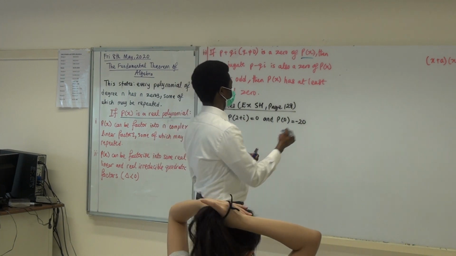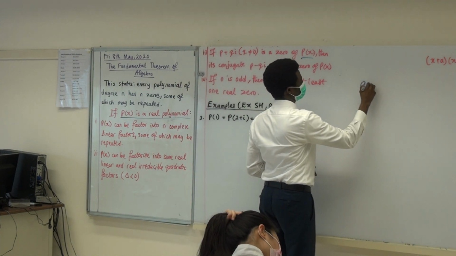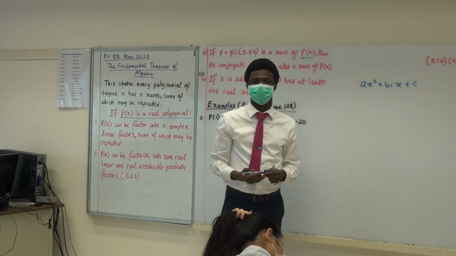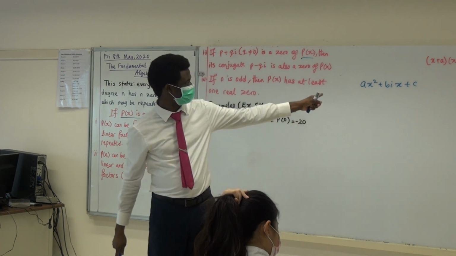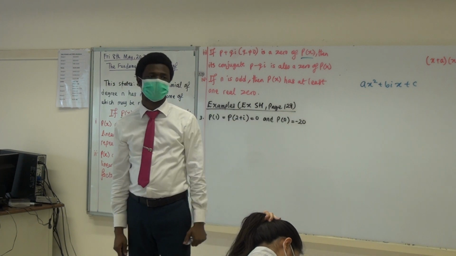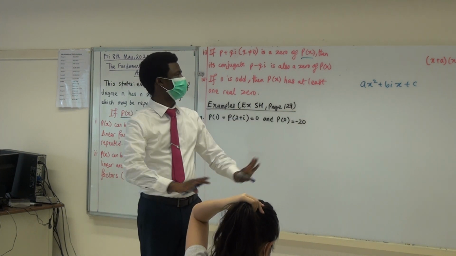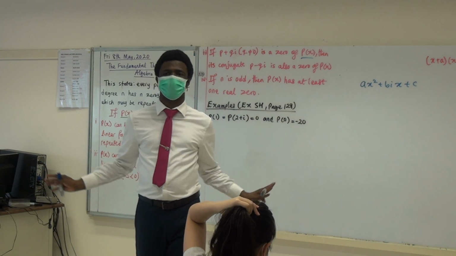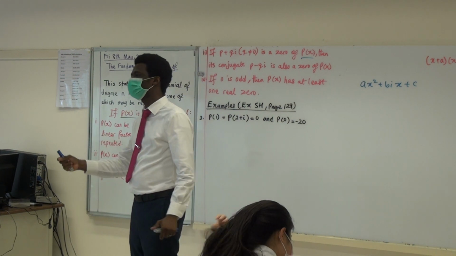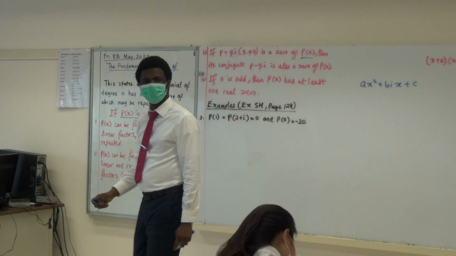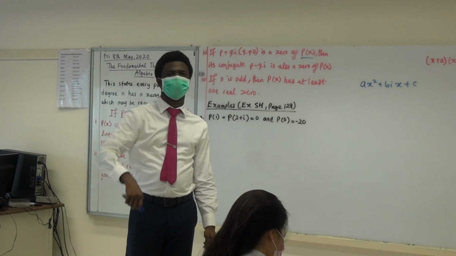If you have a polynomial where you have ax squared plus bix plus c, this is not a real polynomial. As you can see, the coefficient of the second term is a complex number. Okay? So all the polynomials we'll be dealing with are all real polynomials, basically. So if you have a real polynomial, if a complex number is a zero, the conjugate of that complex number is also a zero.